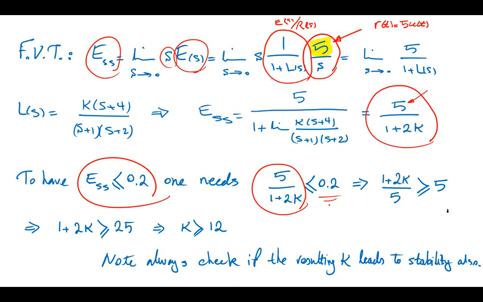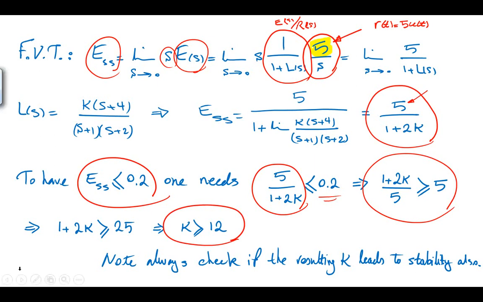When we simplify it, we need k to be greater than 12 for the steady state error of the input of 5 times u(t) to be less than 0.2. And note that we still need to check that this will result in a stable system as well. And it does.